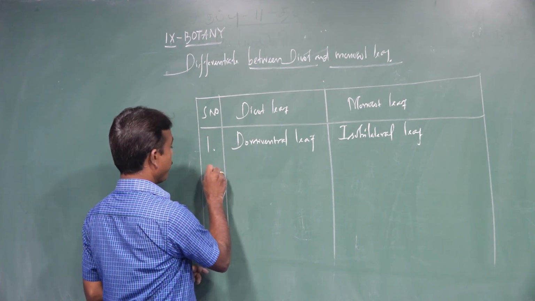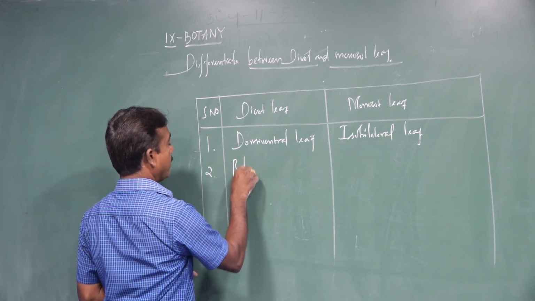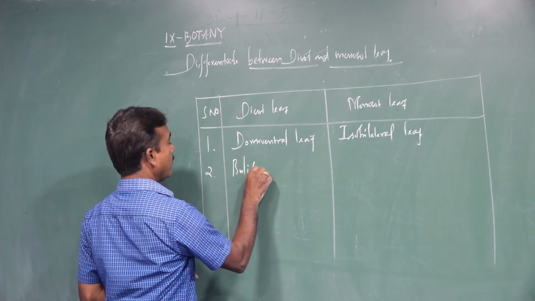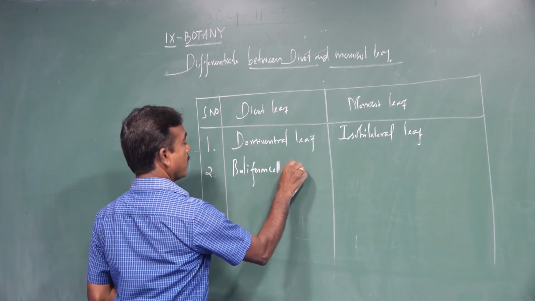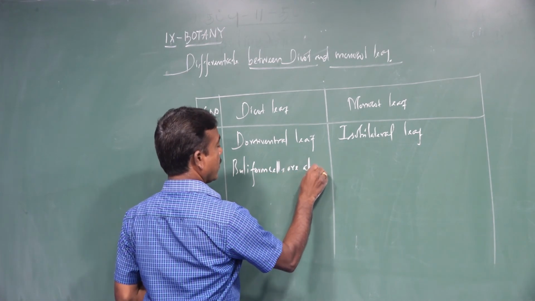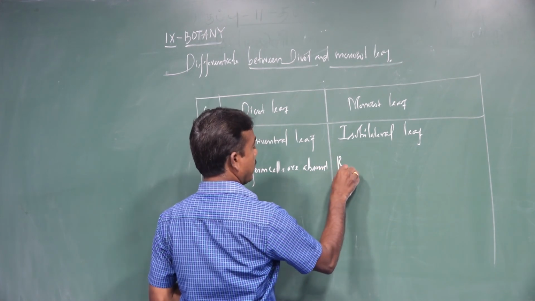Second thing, bulliform cells are absent in dicot. Bulliform cells are present in monocot.